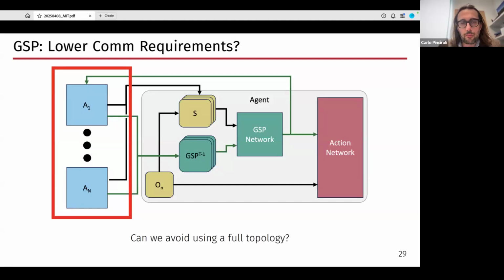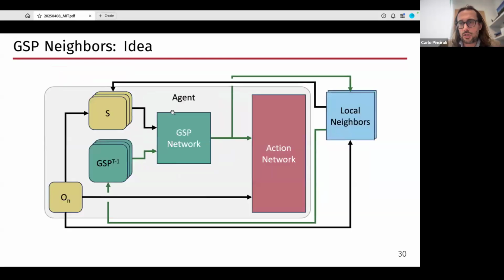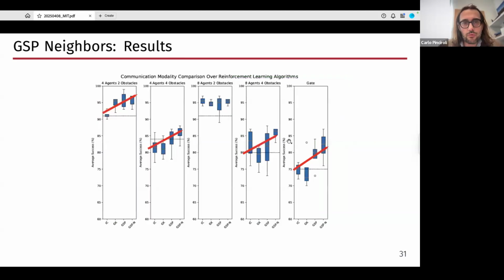The next thing we did is, okay, fine, all the robots are talking to each other. Can we avoid using a full topology and just have a ring topology in which a robot talks to only a couple of friends around the perimeter of the object? So we now aggregate over only the neighbors. This is the main difference. And what we find is that the performance is almost the same in certain cases.